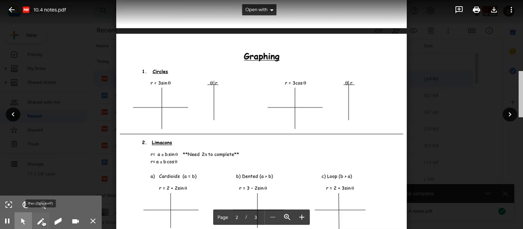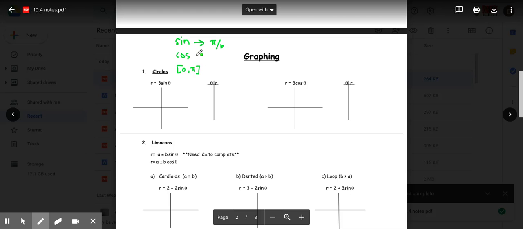So what I want you to know with circles is that you only need from 0 to pi to complete the circle. So if you go from 0 to 2 pi, you're going to go around the circle twice. I also want you to know when you have sine, it's easier to use the pi over 6 angles because it just works out with nicer numbers, because sine of pi over 6 is 1/2.